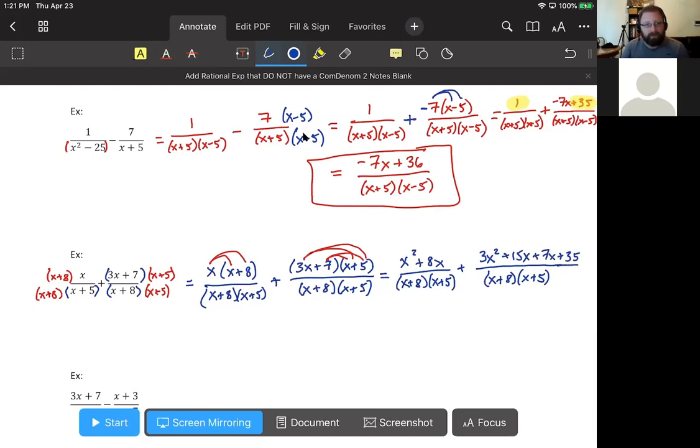So multiply out those numerators. And then we are going to add like terms. So we have 3x squared plus x squared. That would be 4x squared.